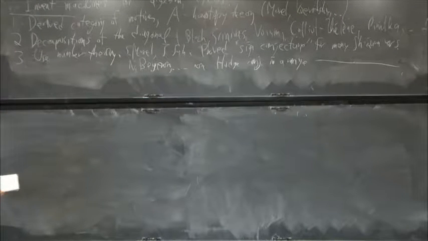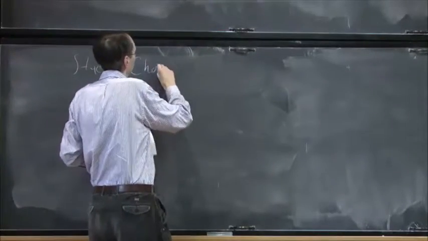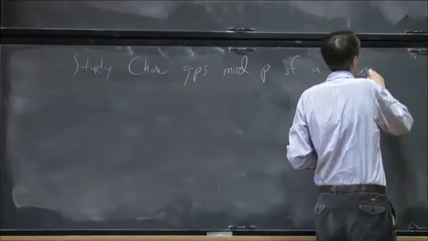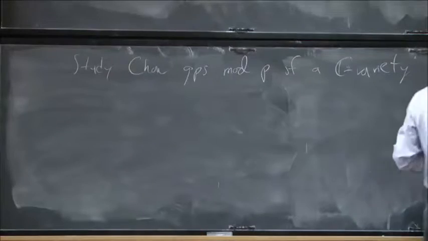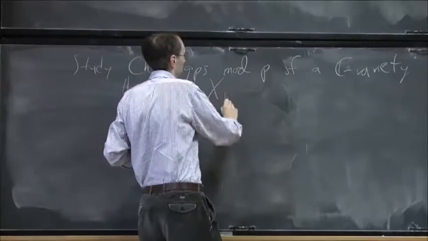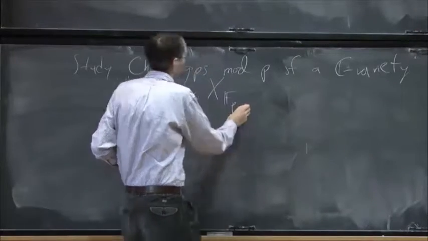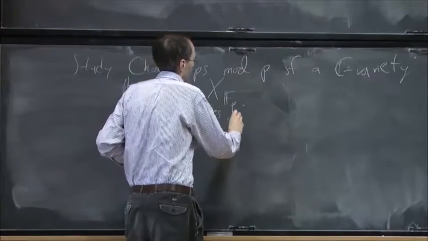Okay, so in this talk, I wanted to describe a particular machine that I like lately, which is the idea of studying Chow groups mod p of a complex variety by relating them to the reduction of that variety mod p. If you imagine X as defined over some number field, you could consider properties of the reduction of X to characteristic p.